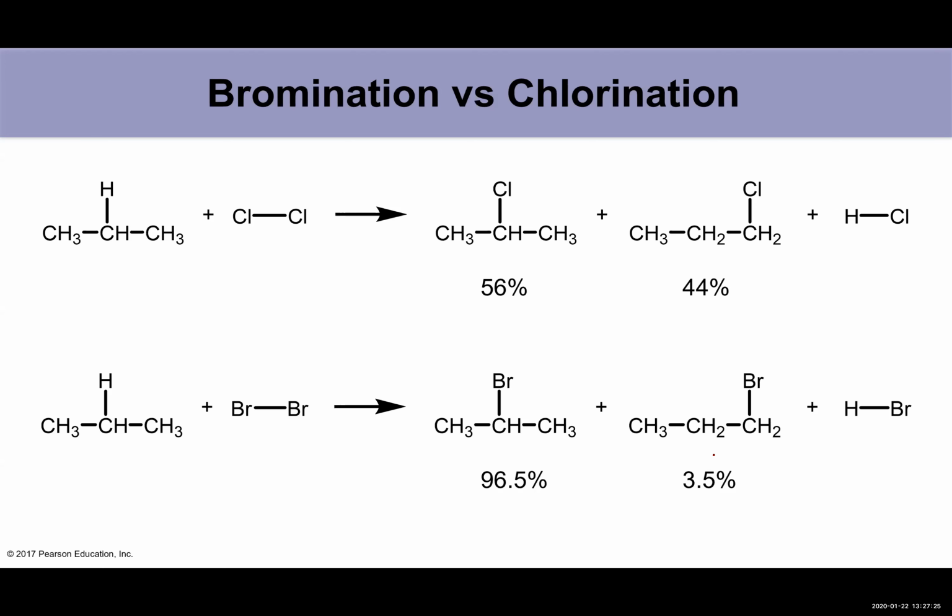Because what are you going to do with the alkyl halide? Elimination reactions, substitution reactions. There's a lot of things that you can do once you have the alkyl halide. If you want a specific alkyl halide, especially the more substituted, you're going to use bromination. But if you wanted this as your product, then you're either going to do this and make it into that, right? Or you're just going to do chlorination and then separate these two apart from each other. So those are kind of your choices.